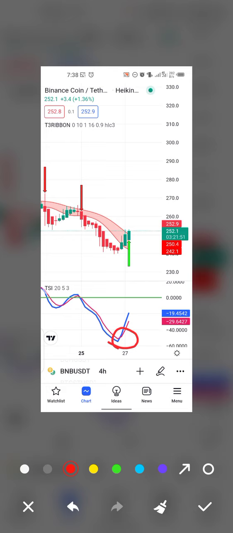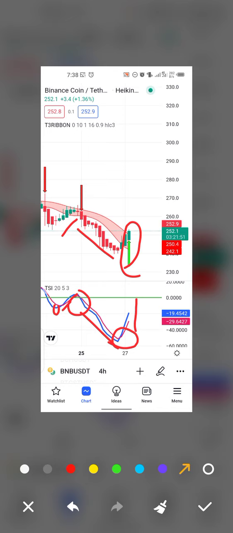The blue crosses over the red one, and the market starts moving up. Here the blue crosses over the red one, and the market moves down. Here the blue crosses over the red one, and the market moves up. I hope those are the scenarios.